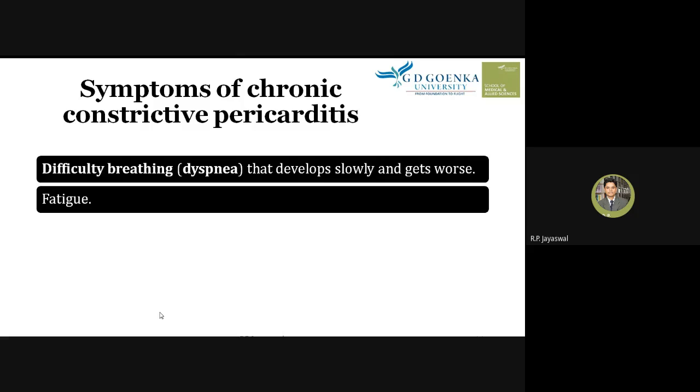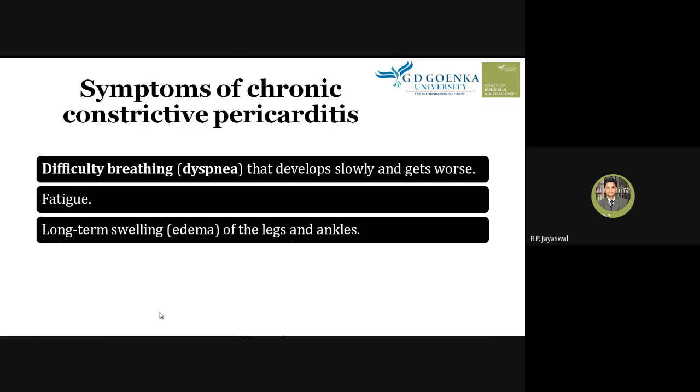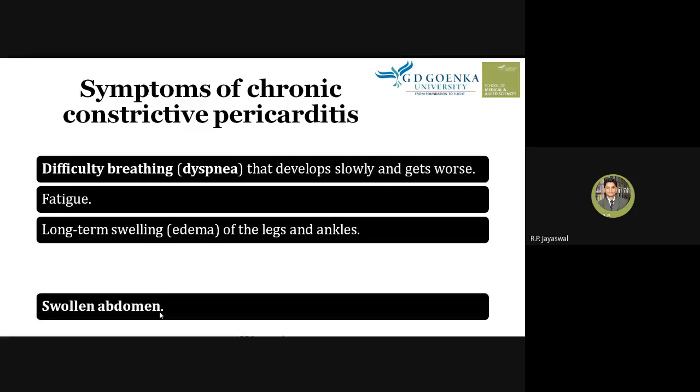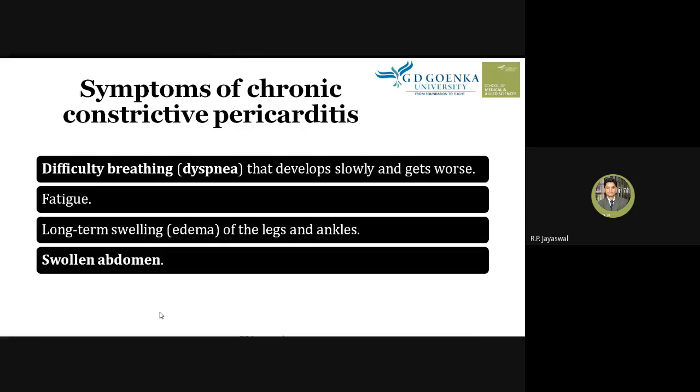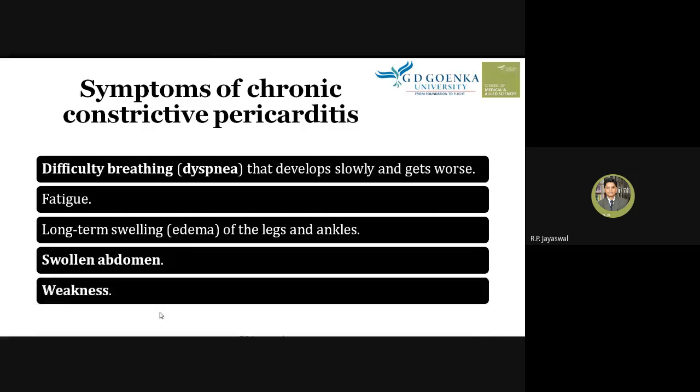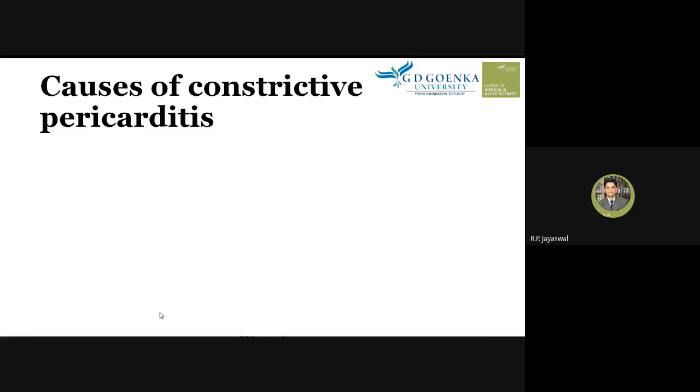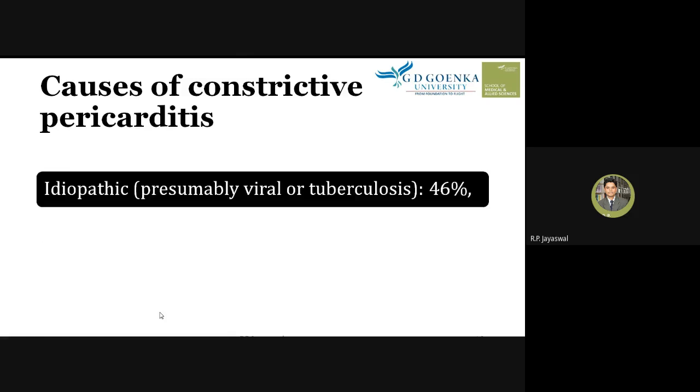Fatigue is another symptom. The ankles and legs become swollen for a longer period of time. The abdomen also becomes swollen, and the patient feels weakness.